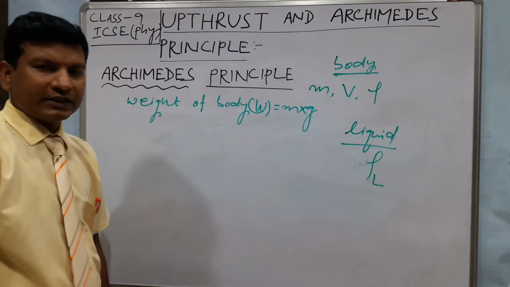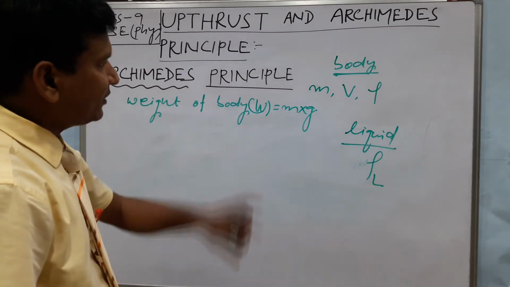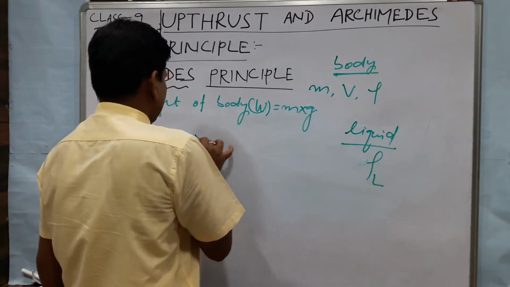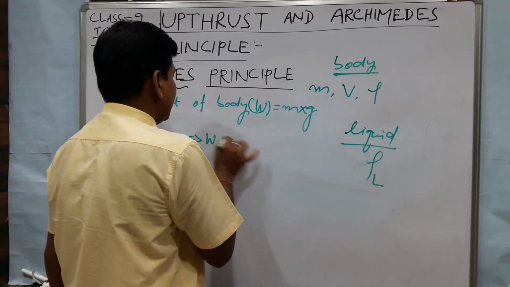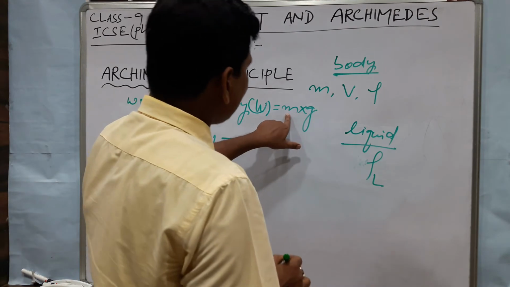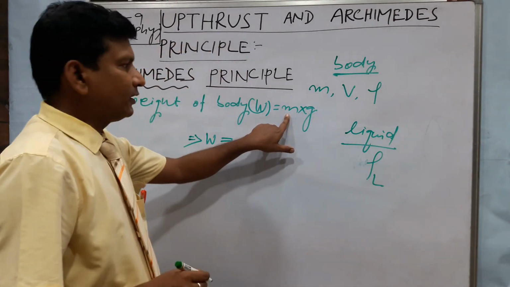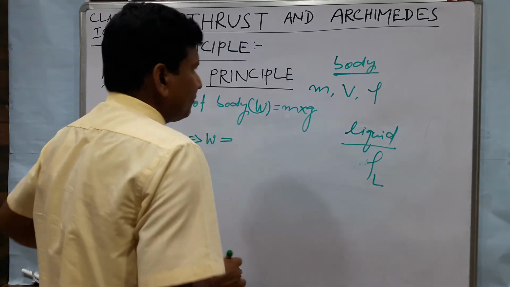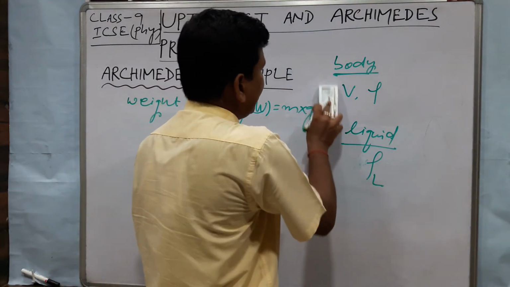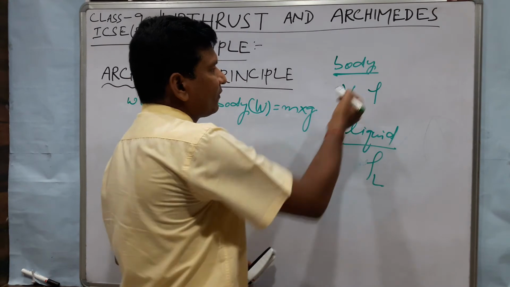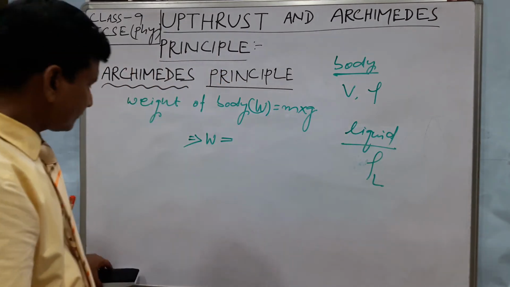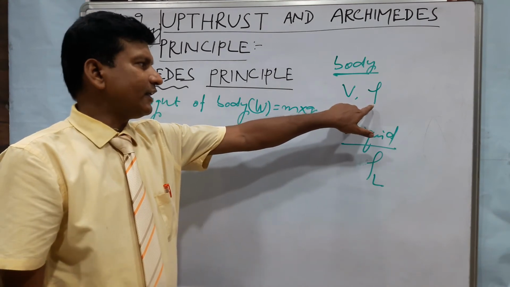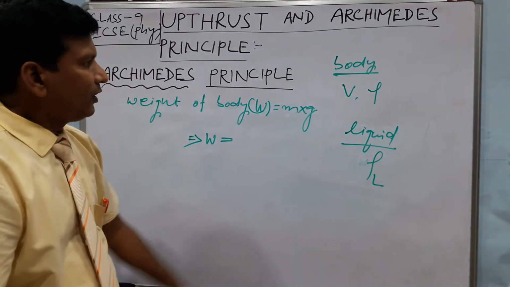Here g is the acceleration due to gravity and m is the mass of the body. Now how can you find the mass from the volume and the density? Only we should know the volume of the body and the density of the body. The volume of the body is given V and the density of the body is given rho.